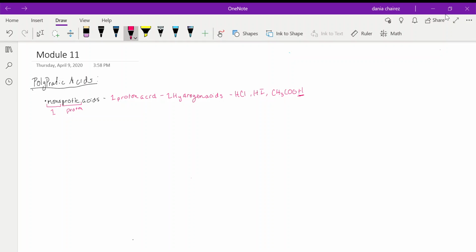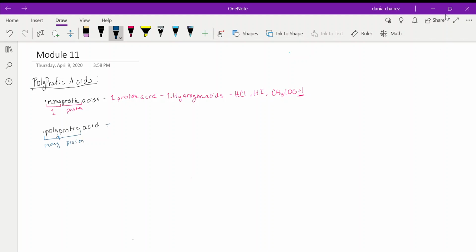So then, essentially what a polyprotic acid is: poly means many, and like I said, protic is your proton.